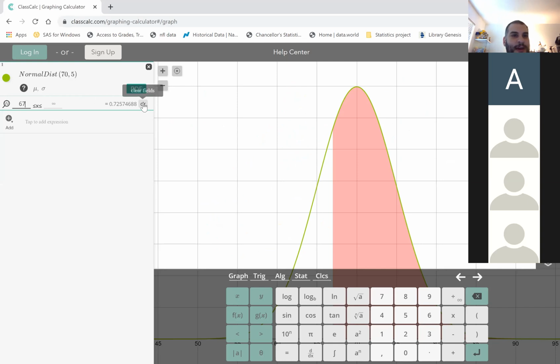So I can press clear and just re-enter this. The lower bound is negative infinity, the upper bound is positive 72. If you do that, your answer should be 0.6554. And that's it for part B.